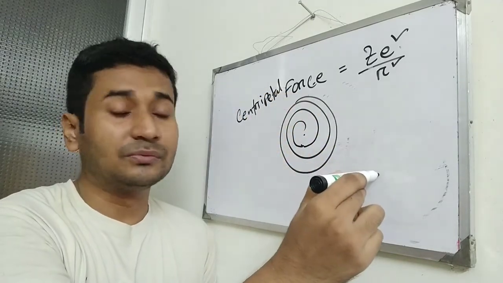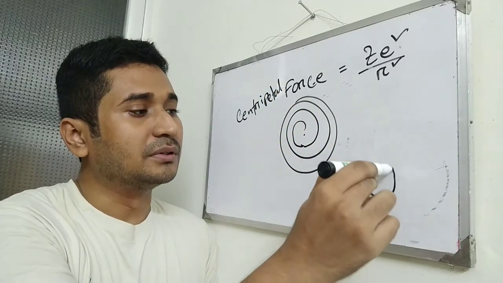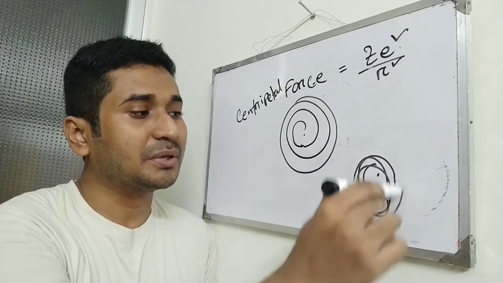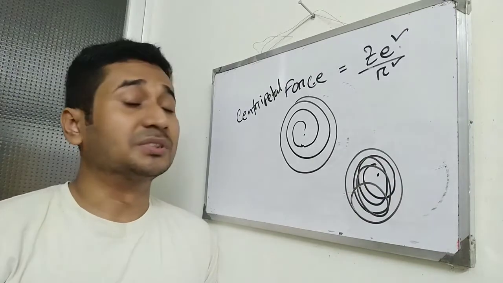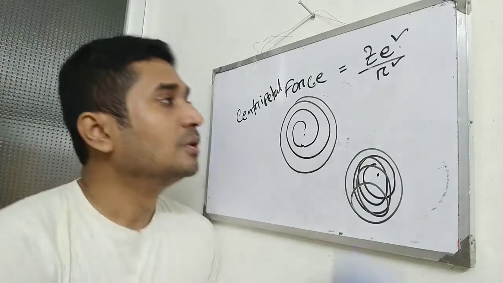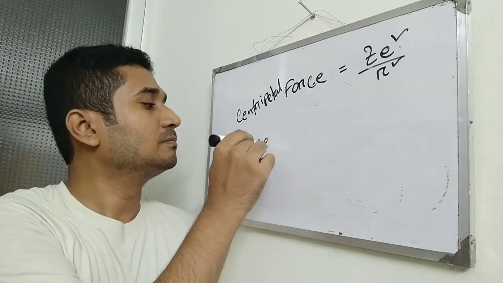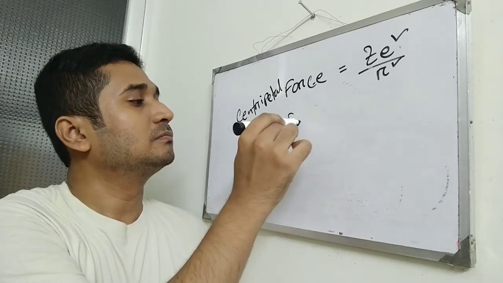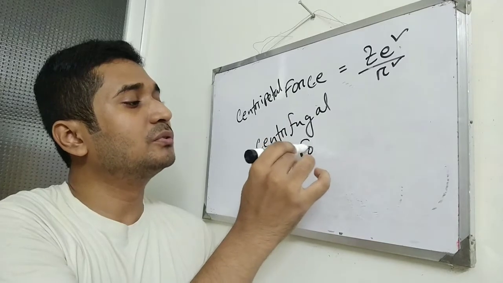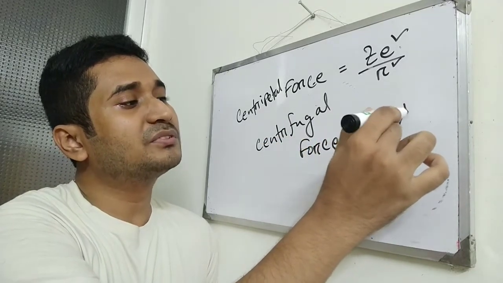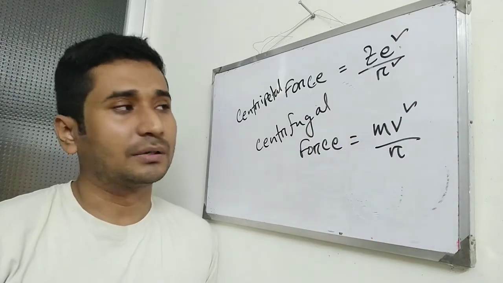But centrifugal force, it's not sure that it will go through the center. It may be random. So centrifugal force is equal to mv square by r.